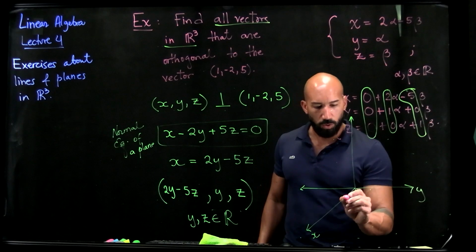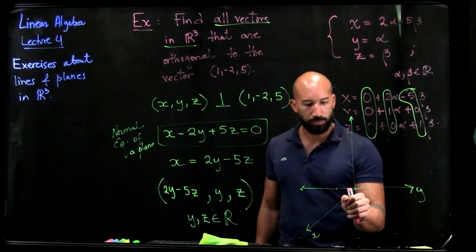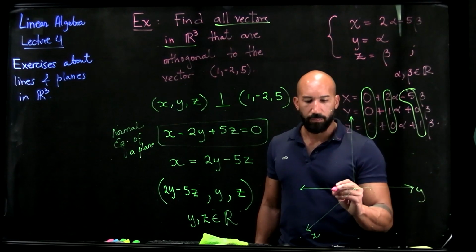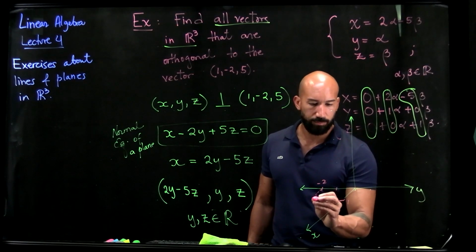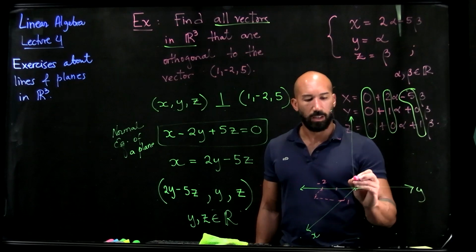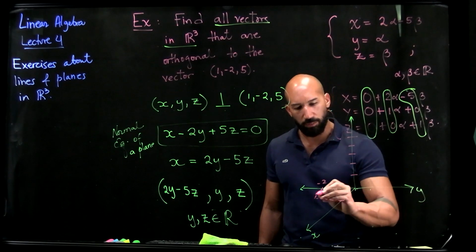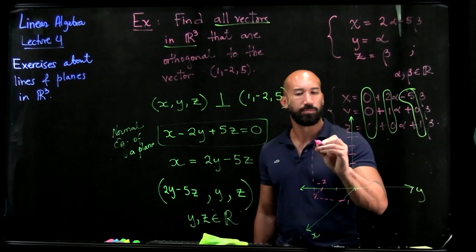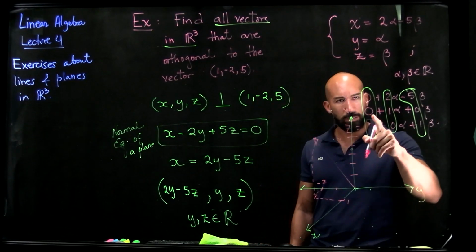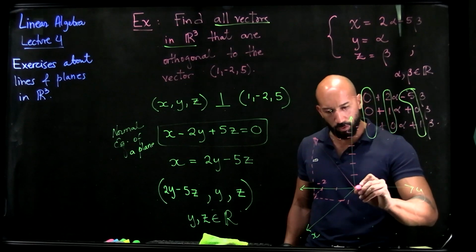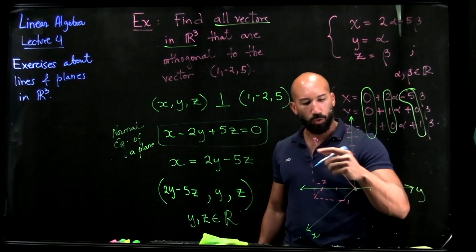So I have 1 for x, negative 2 for y, and 1, 2, 3, 4, 5 for z. This is my given vector. What is my point? 0, 0, 0. So this is my point. And I have a plane passing across this point and orthogonal to this one.